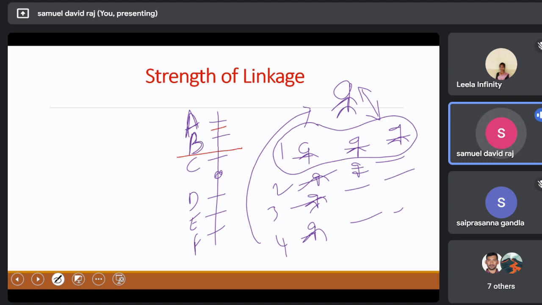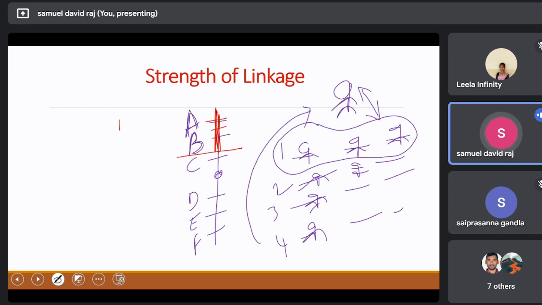A very small segment cannot take part in exchange and fusion. At least it should be a somewhat larger segment so that it can be broken and exchanged.